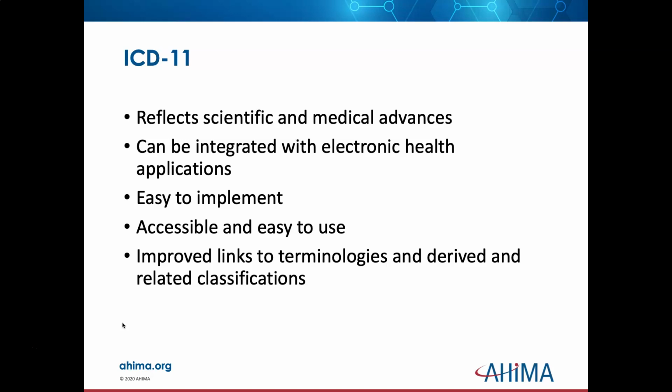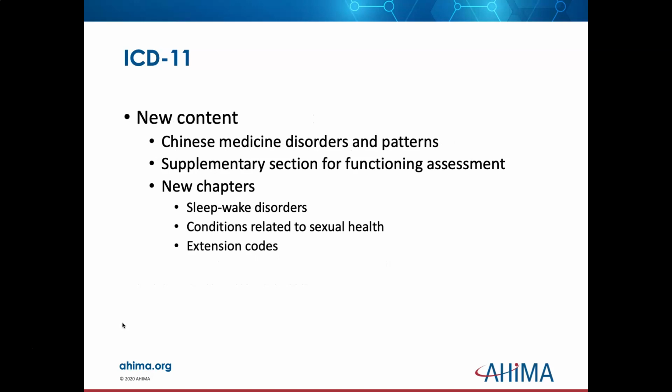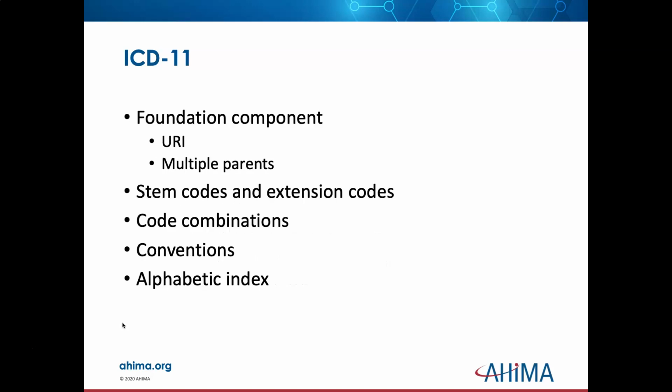What you do need to know is that ICD-11 is made up of stem codes and extension codes. A stem code, and this is at the bottom of page 137, is a standalone code that can be a single entity or a combination of clinical detail. An extension code will always start with X and adds detail to the stem code.